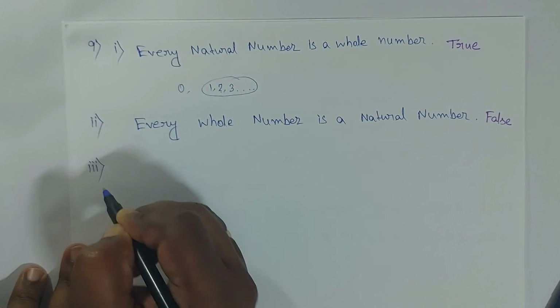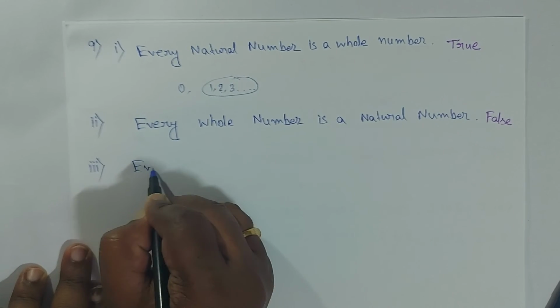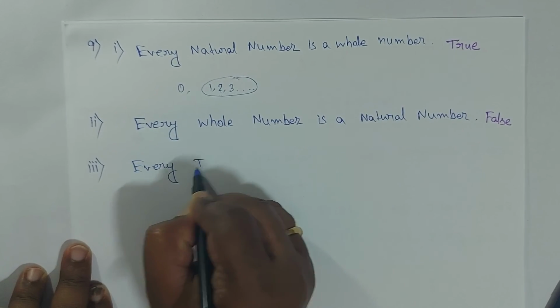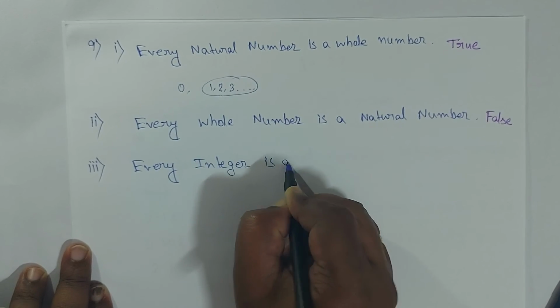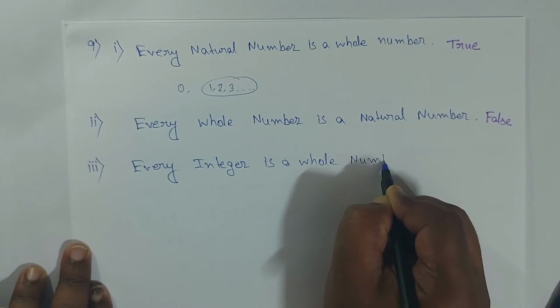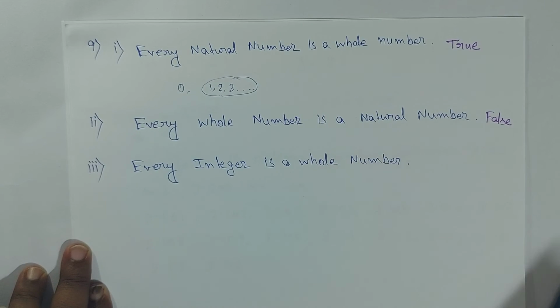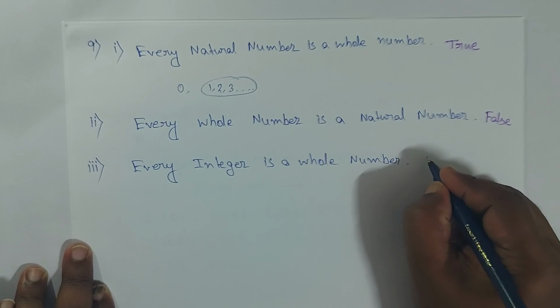Next statement is, every integer is a whole number. Now this will also be false.